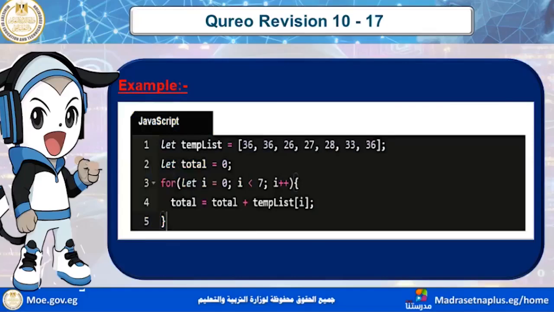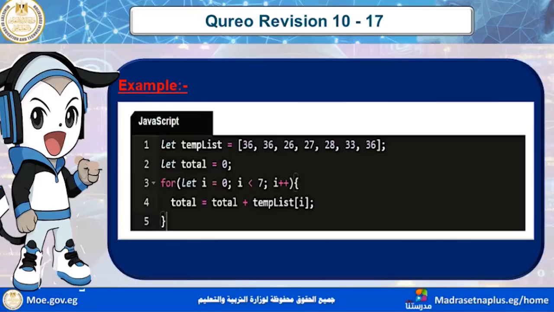Another example, let's see this array. Let temp list equal 36, 36, 26, 27, 28, 33, and 36. Here we have the variable total with a value of 0, and inside a for loop we use a counter. So we can say an array is one block, but it contains a group of items.